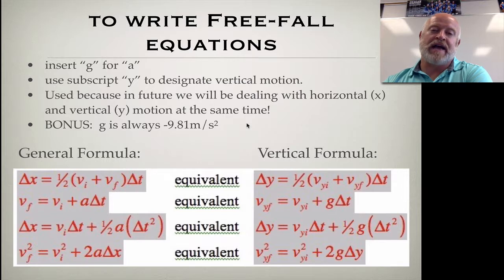So we're going to have both vertical and horizontal motion at the same time. By tagging things y for vertical, we always know which component we're talking about. Bonus for us, g is always negative 9.81. So there's no more determining what the acceleration is. If we're talking free fall, the acceleration is always a negative 9.81 meters per second squared.